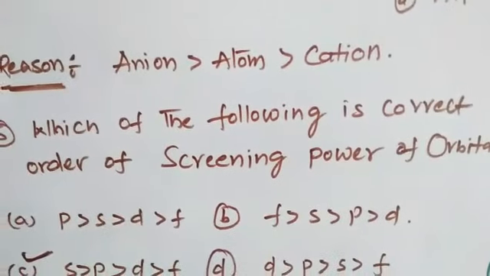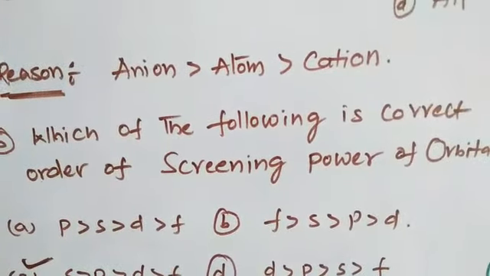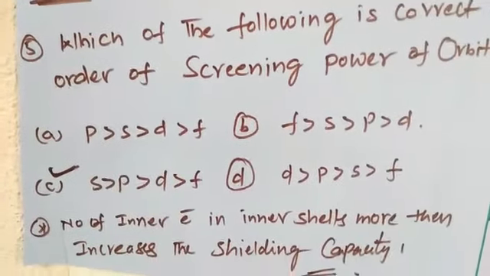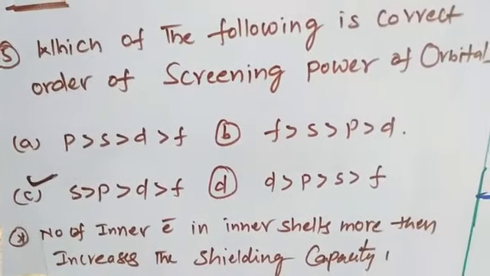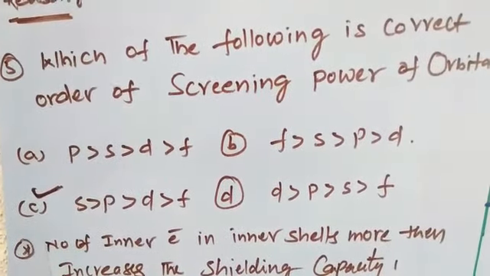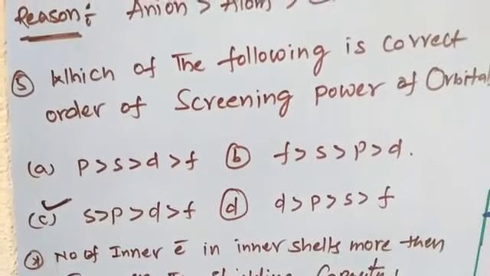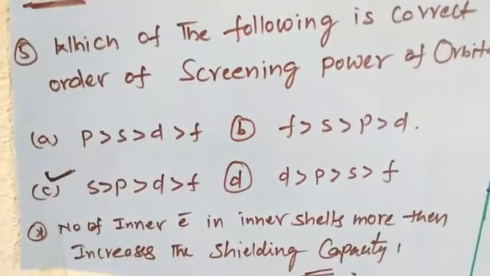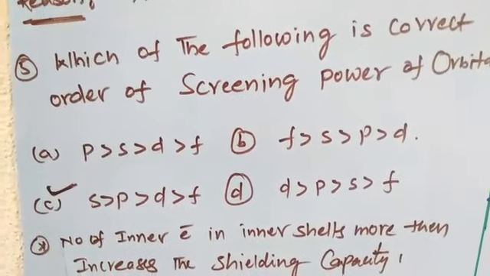Which of the following is the correct order for screening power of orbitals? Look here. Generally in the periodic table, when the number of inner electrons present in inner shells is very high, the screening capacity of the elements always increases.